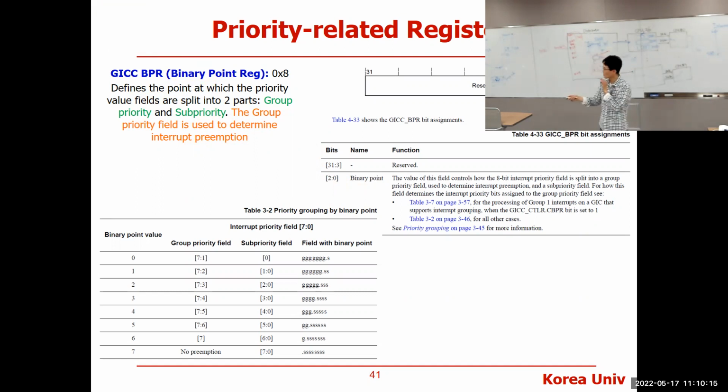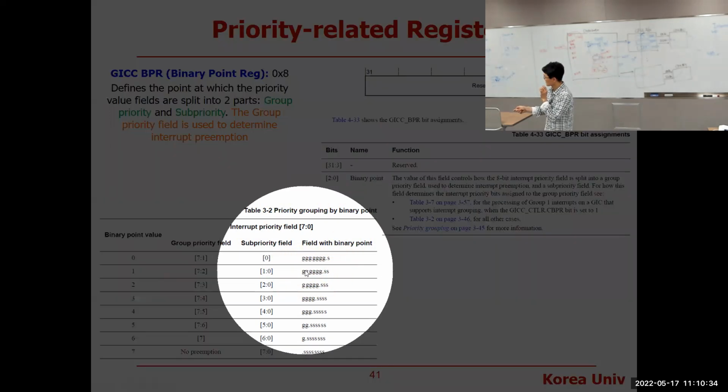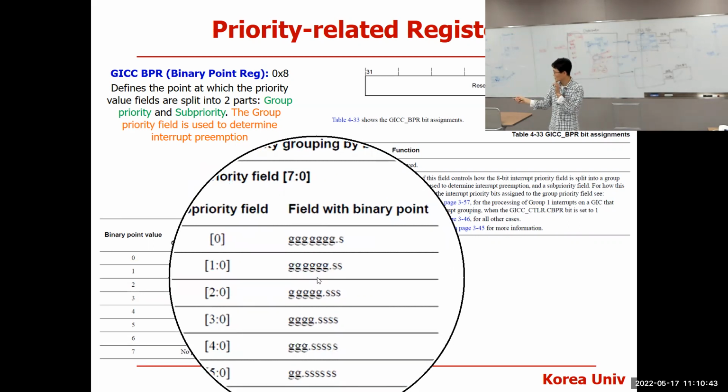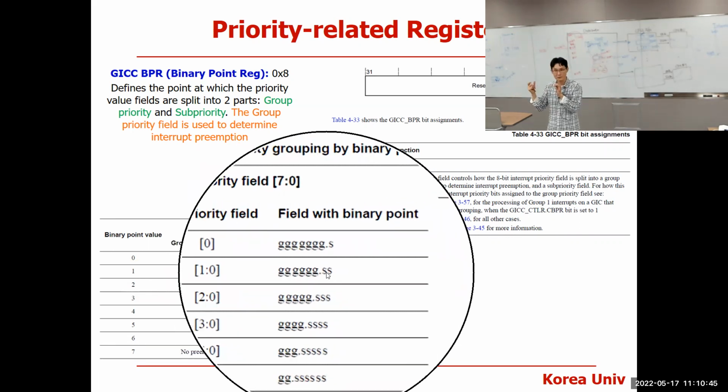For example, if you set 1 in the binary point register, that means the upper 6 bits will be used as group priority, and the last 2 bits will be used as sub priority.